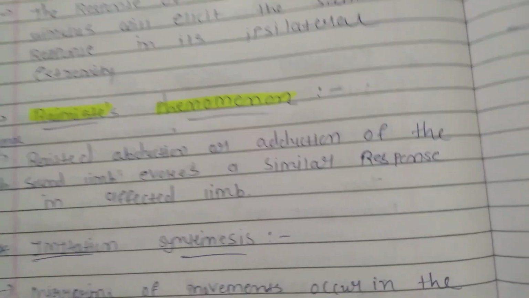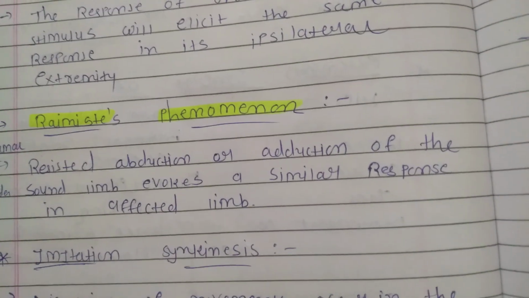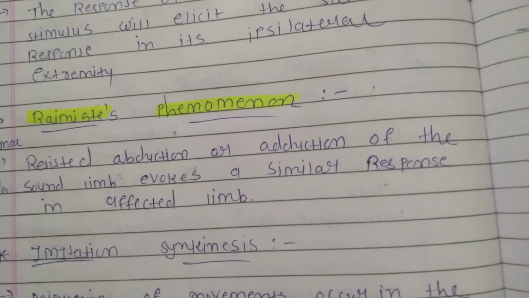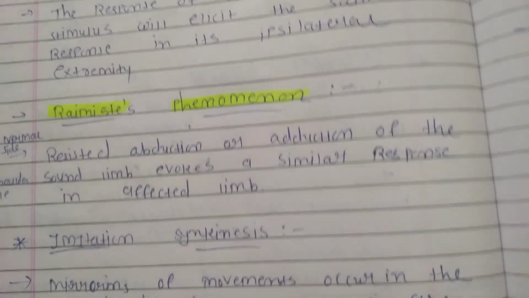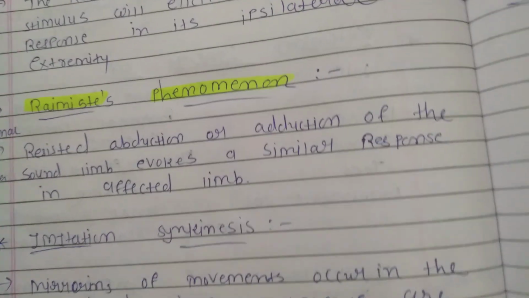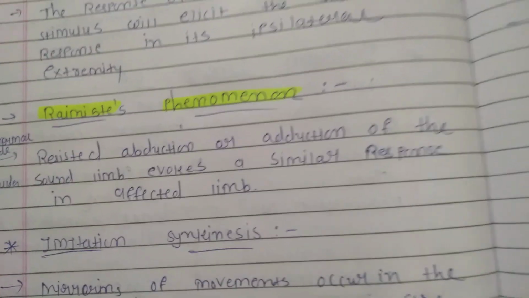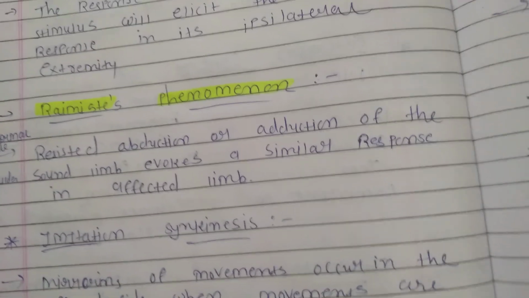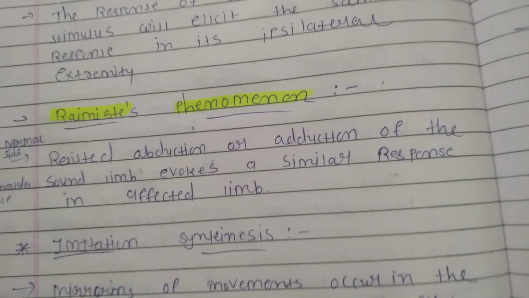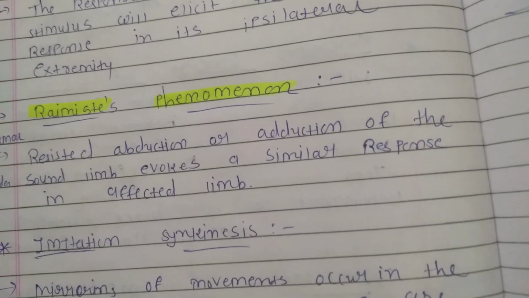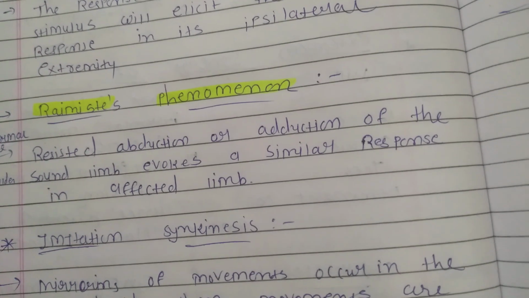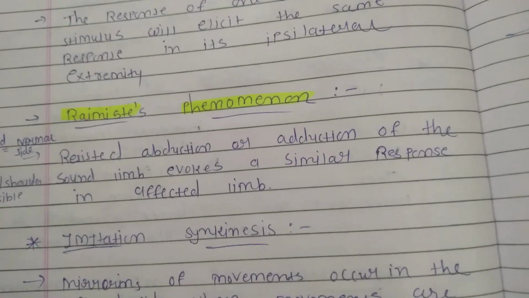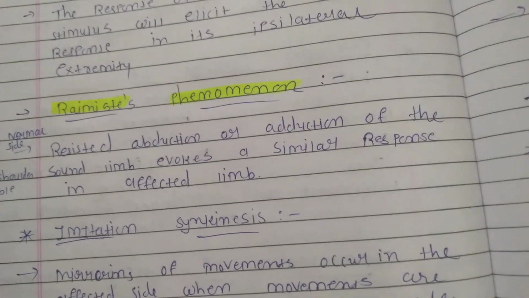If I give resistance during abduction or adduction in the sound limb, meaning the normal limb, there will be movement at the affected side. So it is called Raimiste's phenomenon.